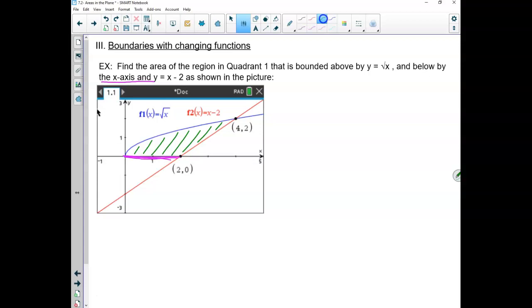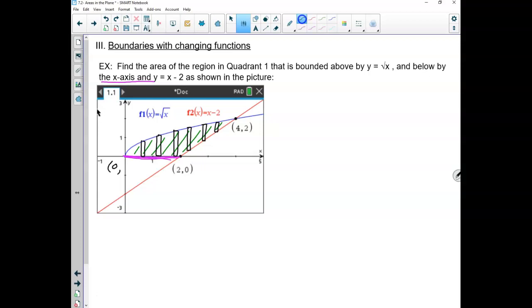And if I'm finding this, notice when I'm drawing my rectangles in here, and I'm coming along, my upper curve always stays the same, but my bottom curve changes. Well, if my bottom curve changes, that means I need 2 integrals.